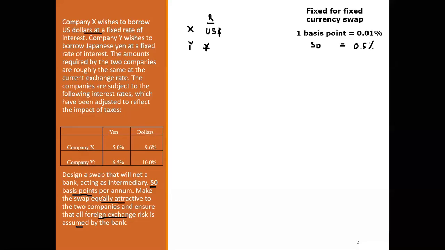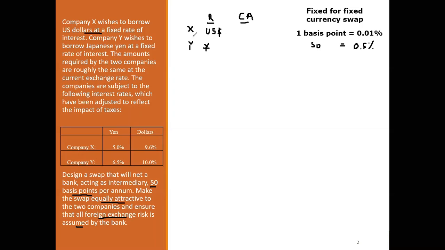So when you do a swap question, first you have to identify whether there is any need for a swap, whether there is any basis for swap. To identify that, you need to identify the market in which each of the companies has a comparative advantage.